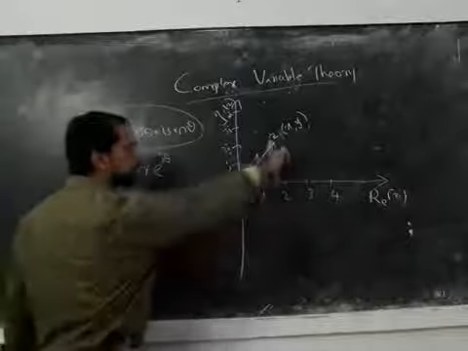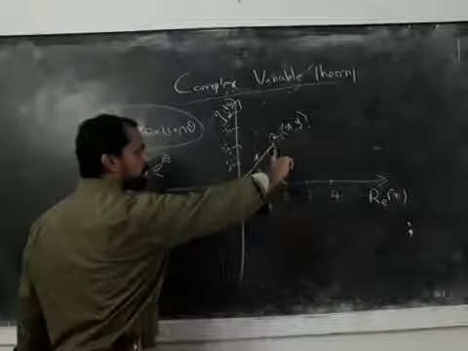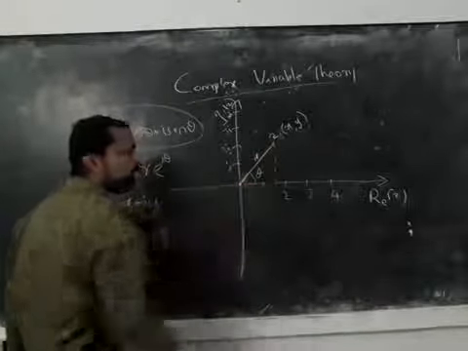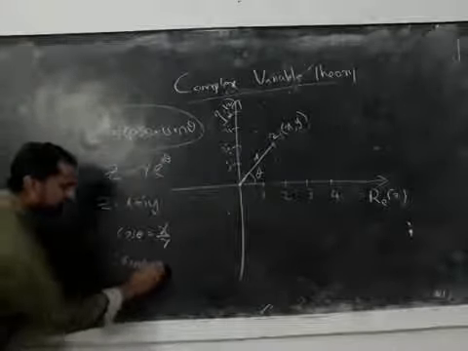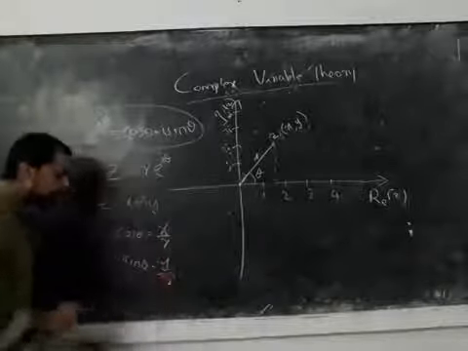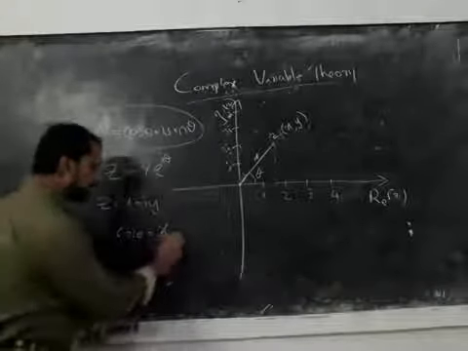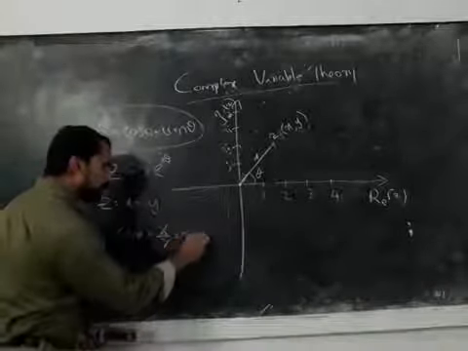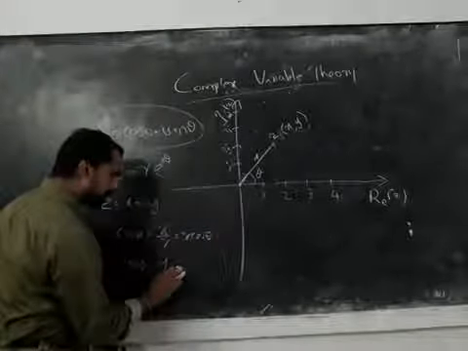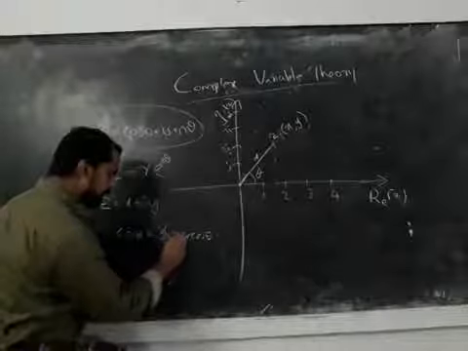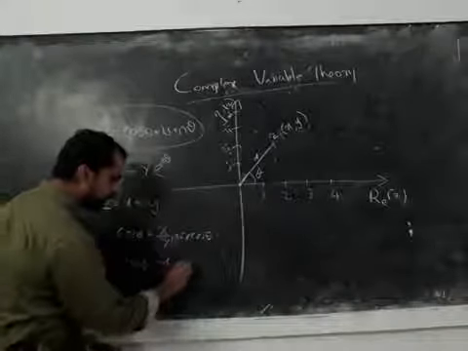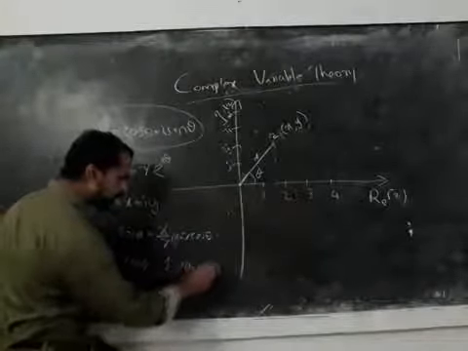And similarly the y, what about the y? Sin theta is equal to y by r. So here this will give x is equal to r cos theta and y is equal to r sin theta.